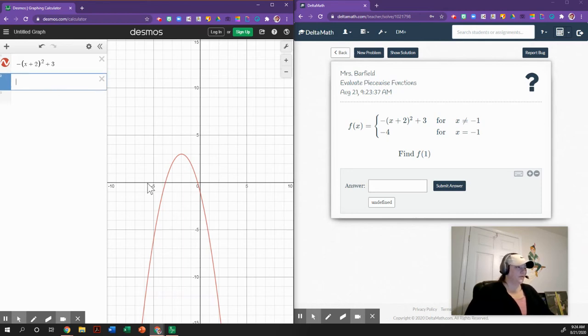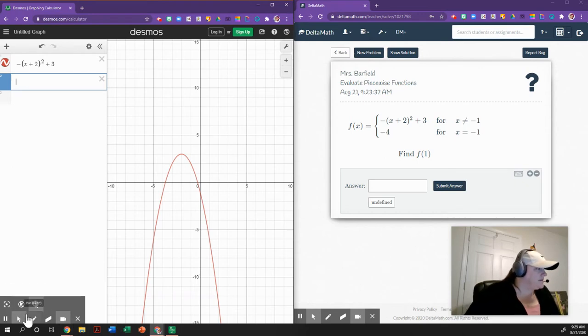So here's our parabola, negative x plus 2 squared plus 3, and it says for x does not equal negative 1. When I go over here to negative 1, you can't see it, but it's there, I promise. Well, no, it's not there on Desmos, but this is what you have to imagine in your head.